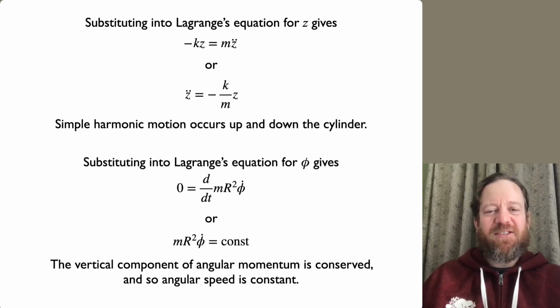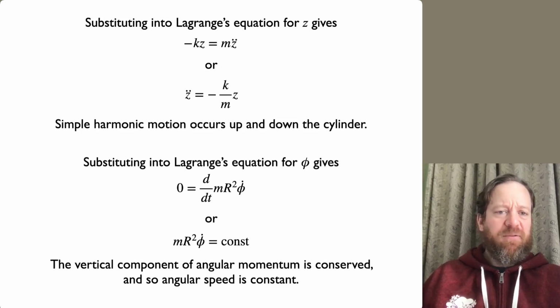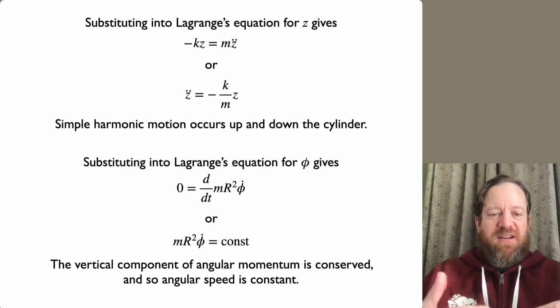Some different observations here. Very nice that we got these two separate equations that allowed us to separately determine what's going on in the vertical direction and what's going on in the azimuthal or phi direction. It, of course, was fairly straightforward for us to understand that it was harmonic motion in the vertical direction. The really nice thing here is that conservation of angular momentum really came out very naturally from the whole Lagrangian approach.